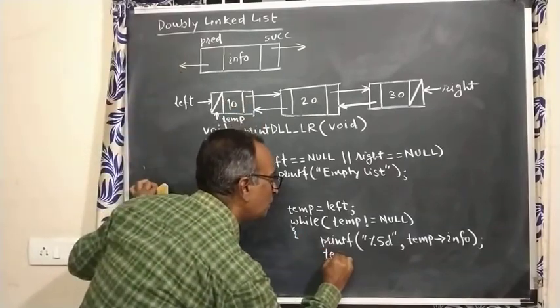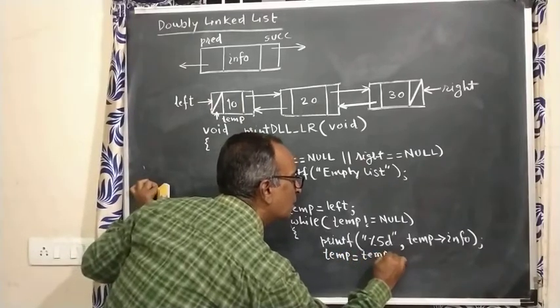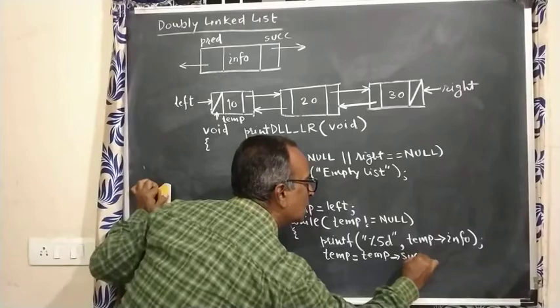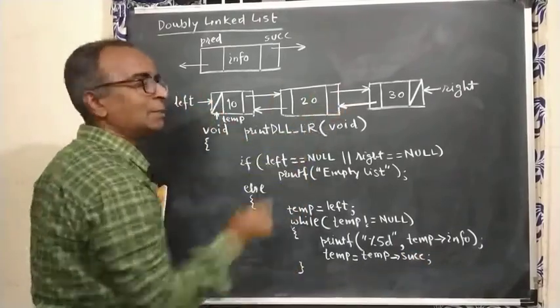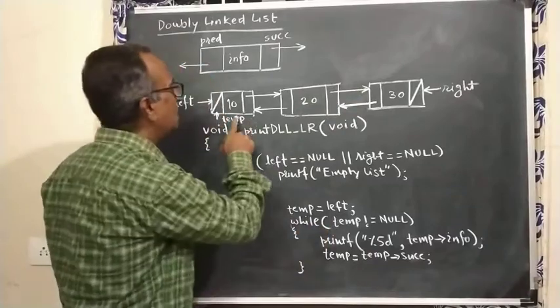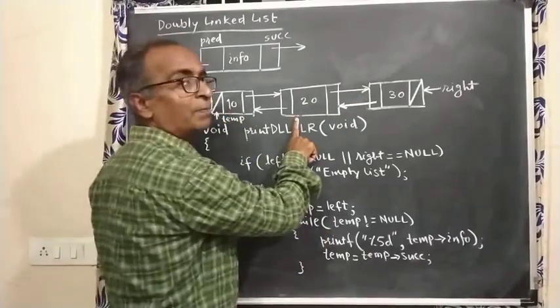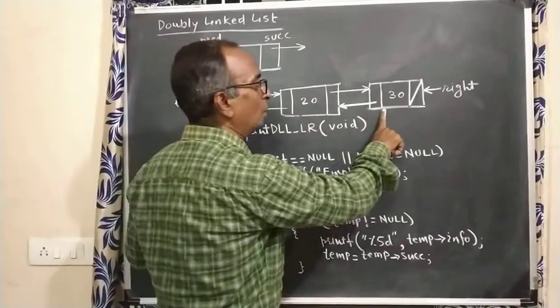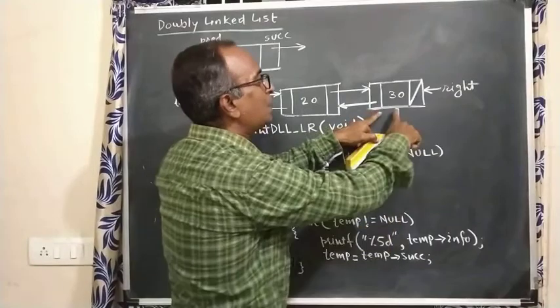So temp is given temp's successor. Now this will print the entire list. Temp not null, printed, moved. This will be printed, moved. Now this will be printed, then temp successor.